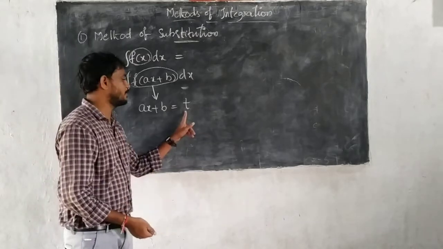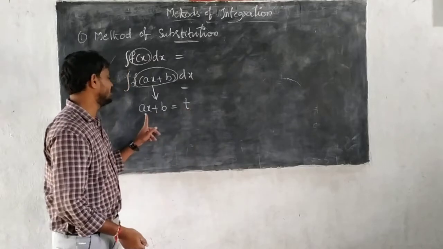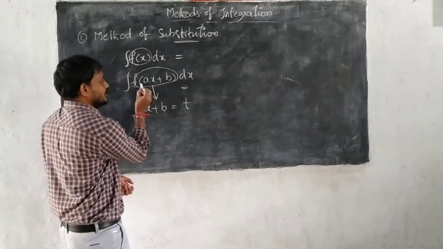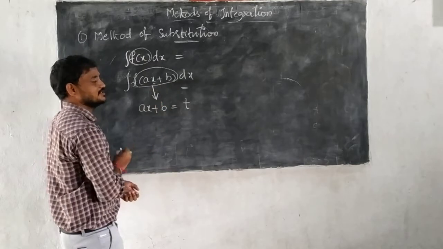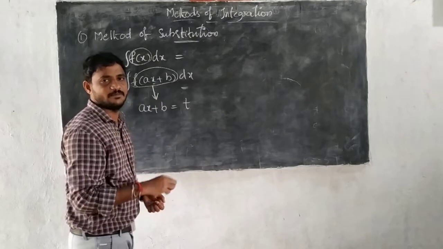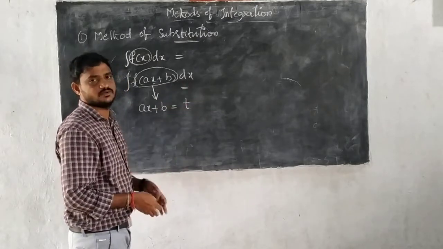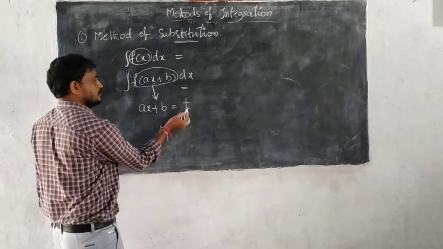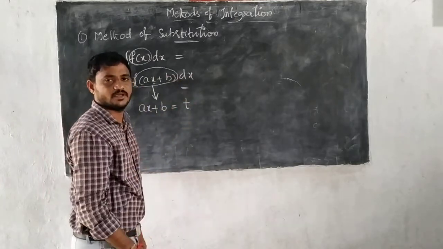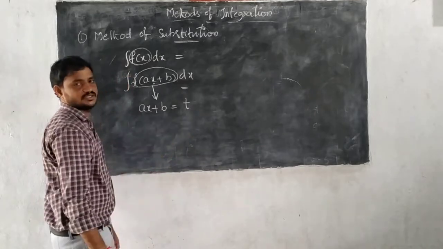Here ax plus b is in terms of x, but we are substituting t, so we are changing the variable. So we also have to change dx to dt, which means we have to differentiate this function.